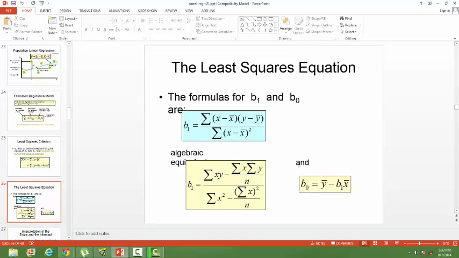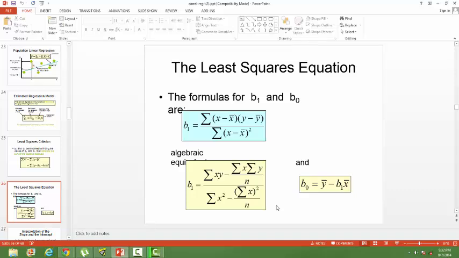So finally we have a linear equation that shows the relationship between x and y. Say, for example, your b0 is 0.2 and your b1 is 0.8, and you are trying to find the relationship between x and y. So finally your equation will be y equals 0.2 plus 0.8 times x.